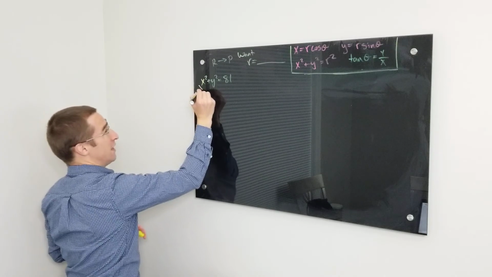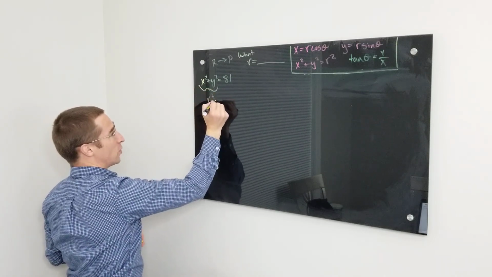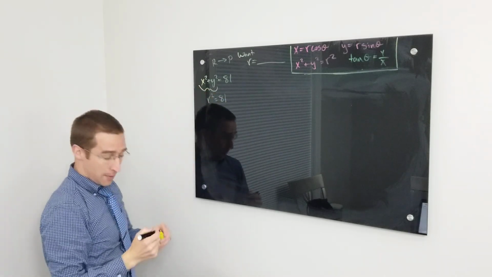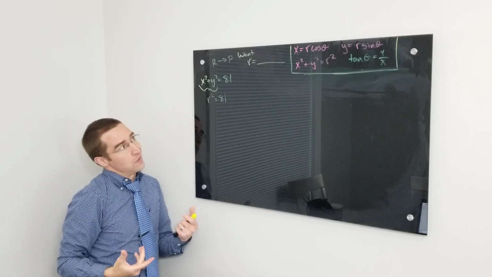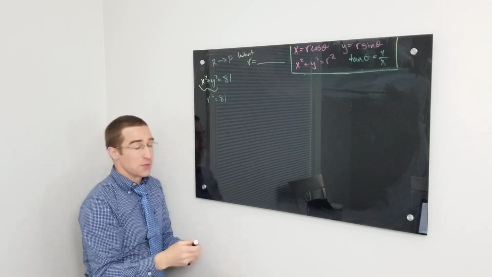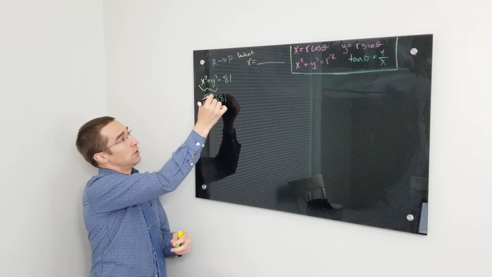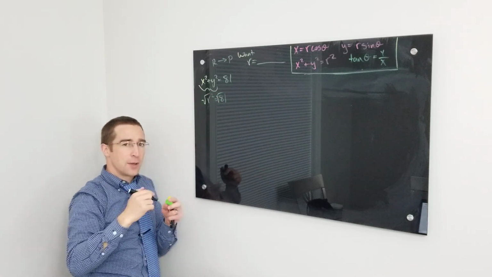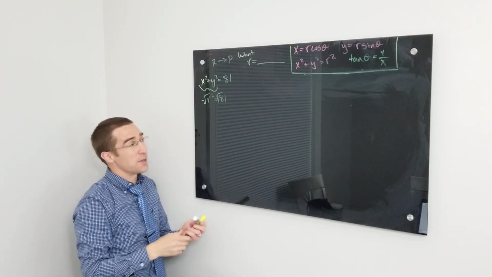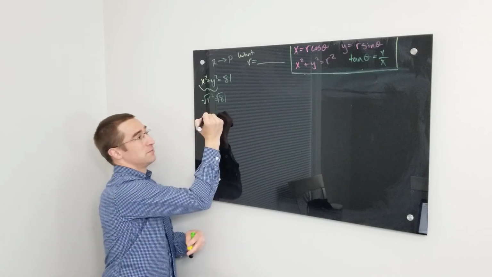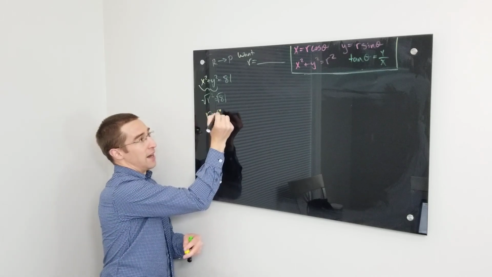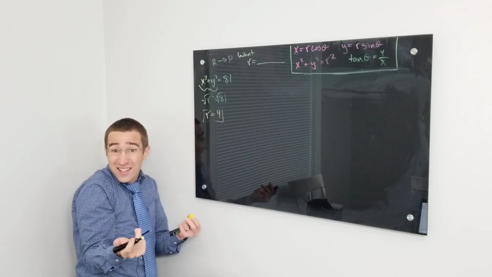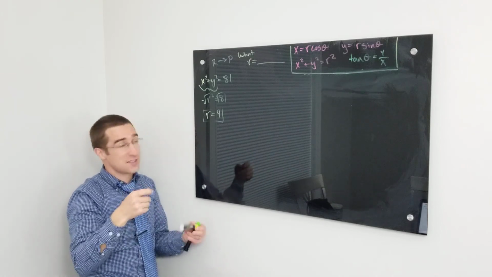So that's just r squared equals 81. And then I want r equals, not r squared, so I'm going to square root both sides. Because we just care about the r's being positive, we don't have to worry about the plus minus. And we can just say r equals 9. And that's our equation. It's lovely. That's as simple as that.